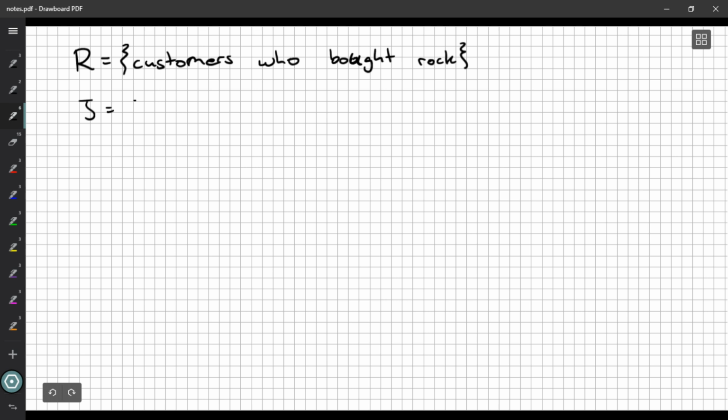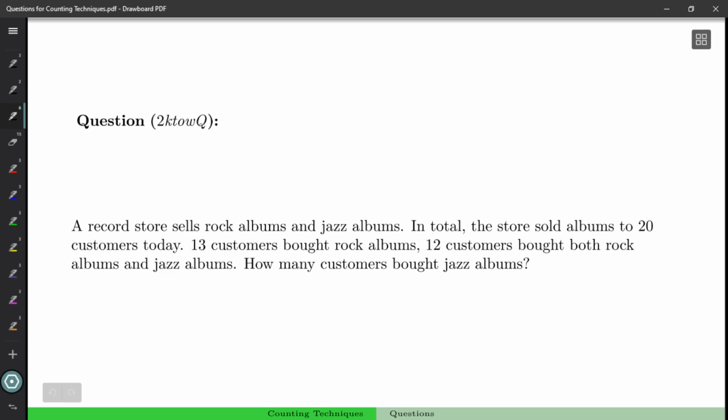And they mentioned jazz as well, so we could have J, the customers who bought jazz. And they also mentioned that there are 12 customers who buy both rock and jazz albums.